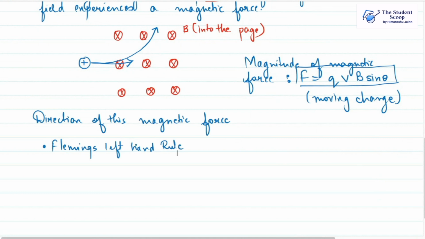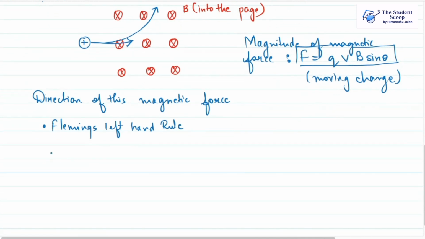In Fleming's left hand rule, the concept is again very straightforward. We have two ways to remember it. Either we remember it as FBI, or at times students prefer remembering it as father, mother, and child. So what does the first F represent? It's the thumb.